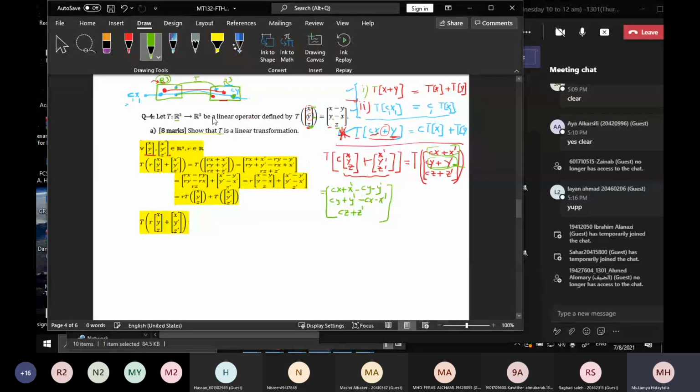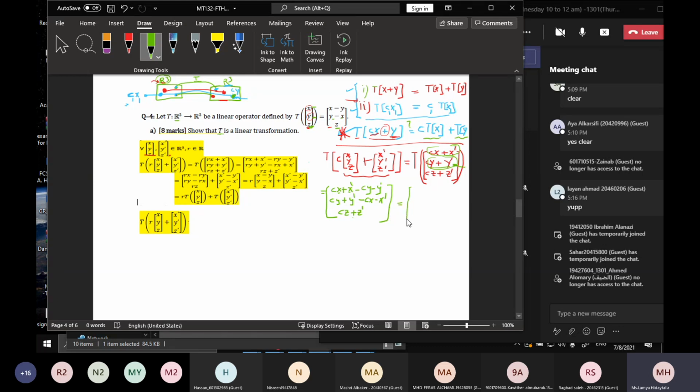Okay, I reach here. But where do we want to reach? I want to separate the first vector alone from the second vector alone. That is what I'm testing, what I'm putting in my mind. So I'll take the terms that have a dash alone and those that don't alone. This vector I can write as an addition of two vectors.